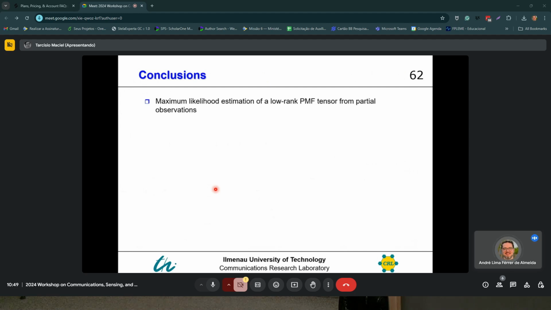So to conclude, maximum likelihood estimation of a low-rank PMF tensor is a more efficient way to do PMF estimation as opposed to using the marginals. The KLD criterion is superior to least squares in the context of PMF estimation.